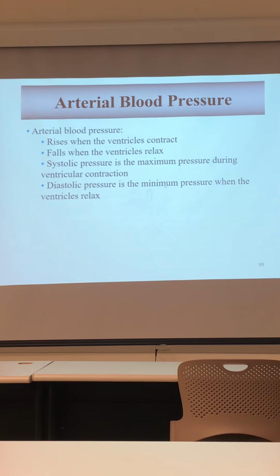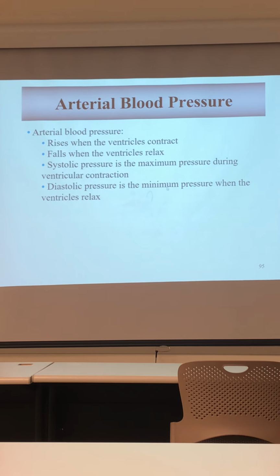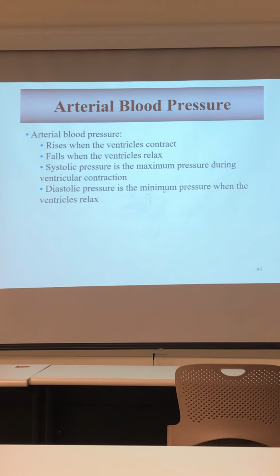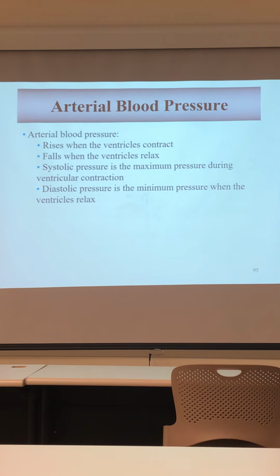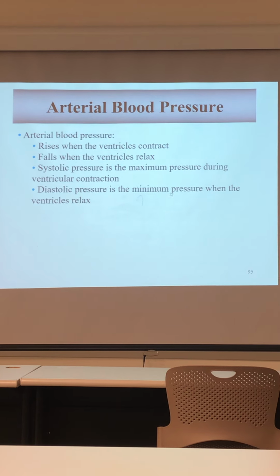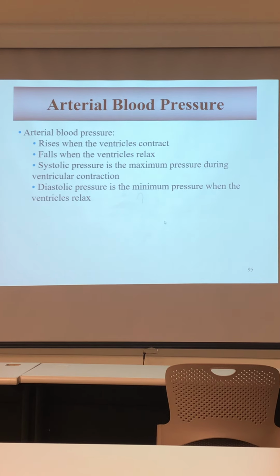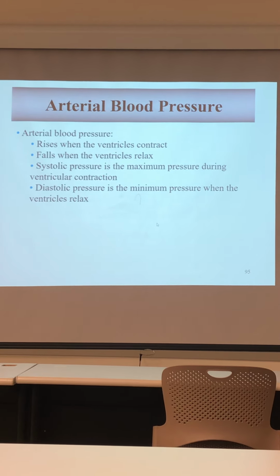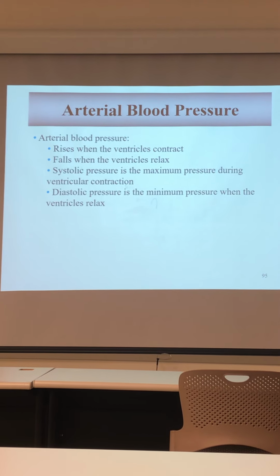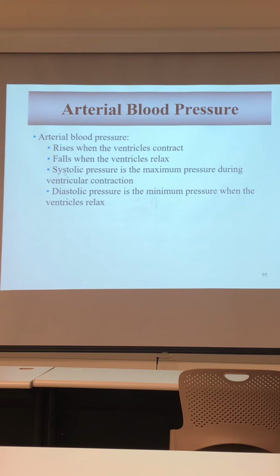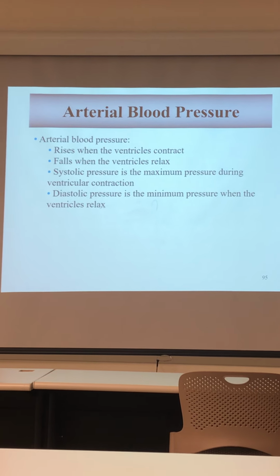Diastolic, we're going to change this word minimum to maximum. I think they're trying to make a point here, but I think it's still the maximum pressure you're going to see when you're taking a blood pressure. So diastolic pressure is the maximum pressure exerted against the walls of the blood vessel when the heart or the ventricles are relaxing. Again, relaxation, contraction, the key words. Contraction means systole. Relaxation, diastole.